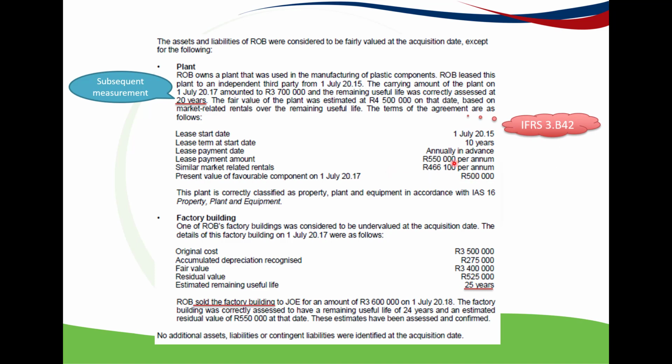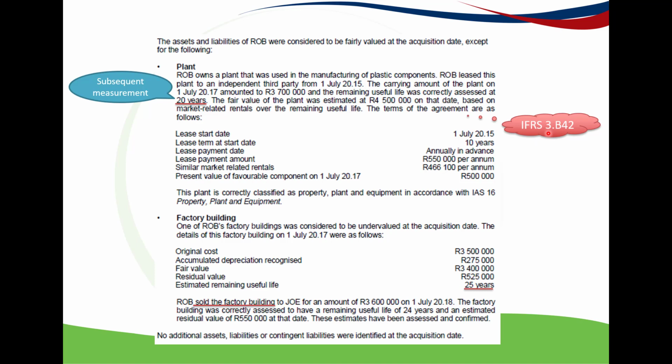So, what do we do with this information with regards to the lease agreement, where we can see there's a difference between the lease payment and the market-related rental? We go to IFRS 3, paragraph B42.